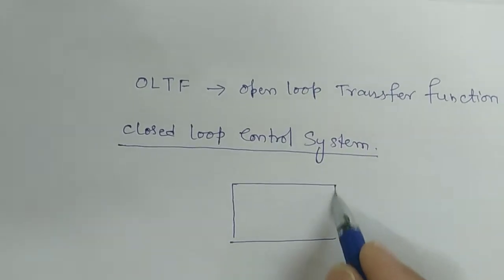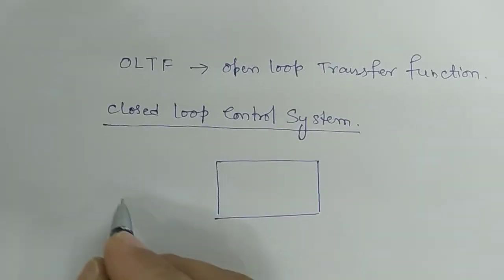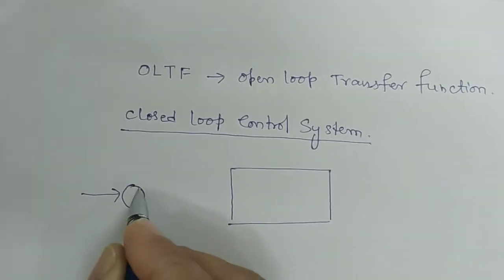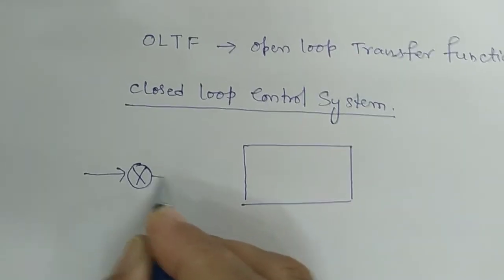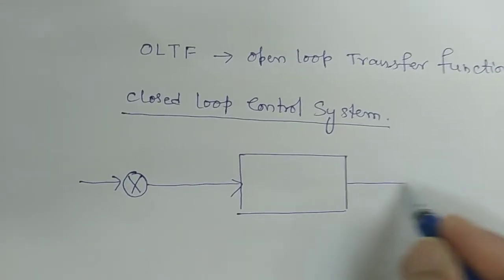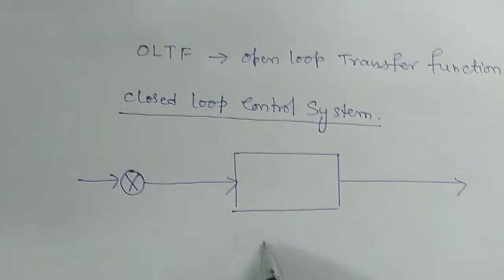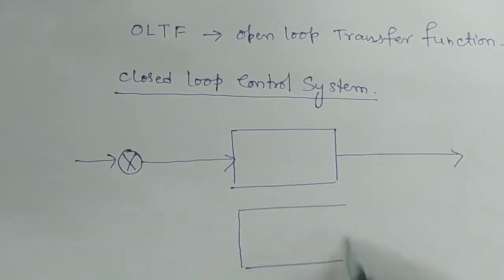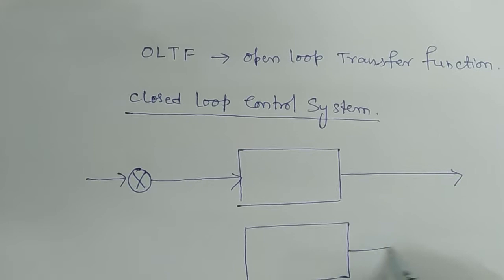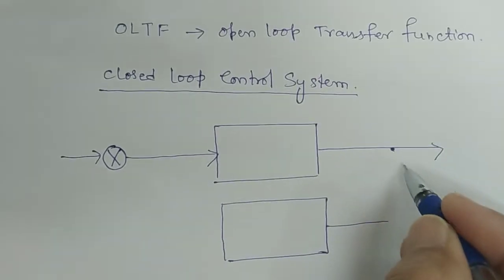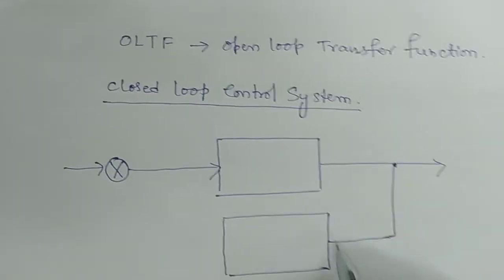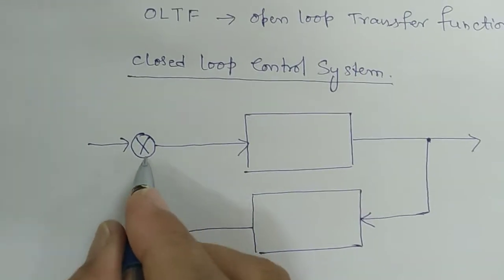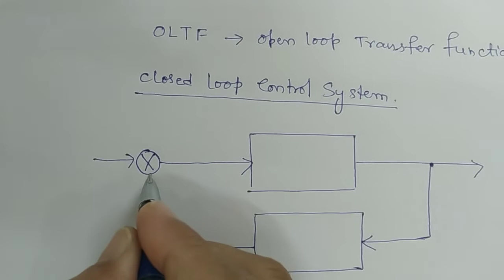Physically it is represented in this way, and I have already explained that the basic representation is like this. This is the part of the output feedback, and this is given to the input side.